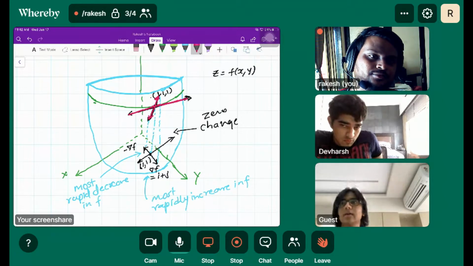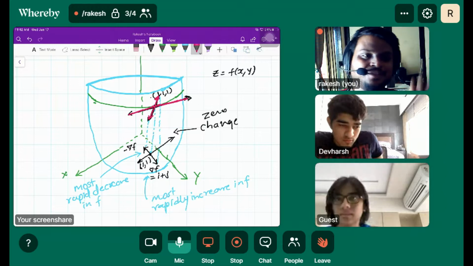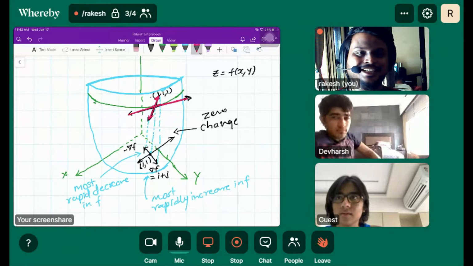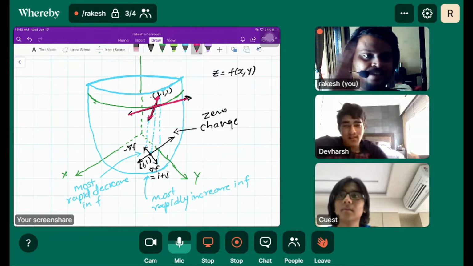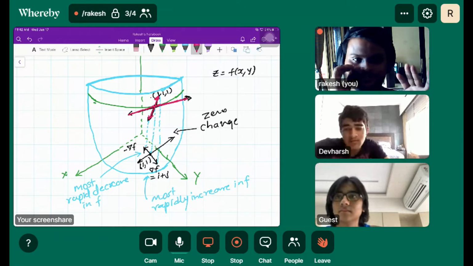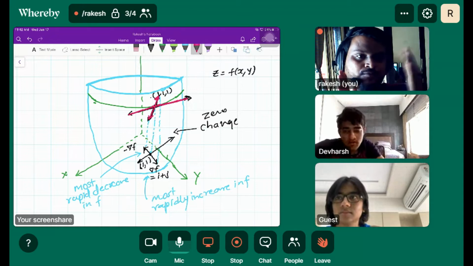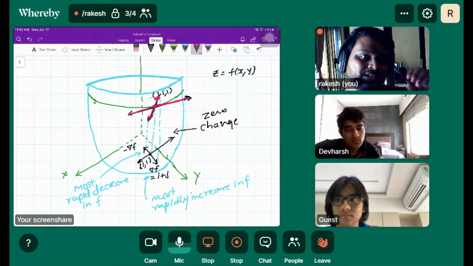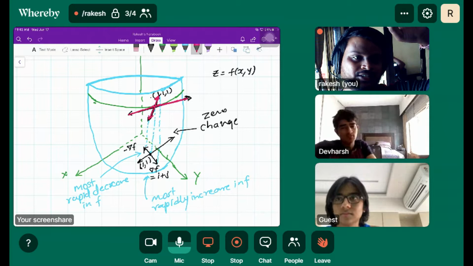To simplify the concept, I am going one step forward. The gradient vector is somewhere on the surface of the mountain. It is not on the earth.